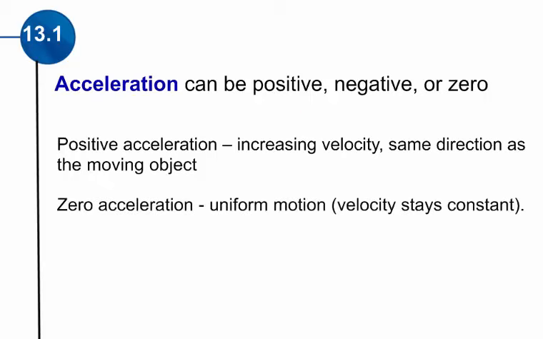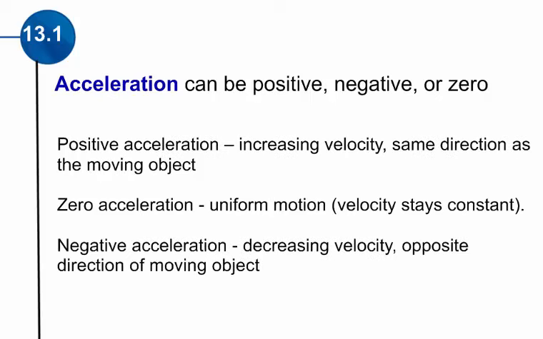If we have an object that's moving with uniform motion and there's no acceleration, no push on it, then the velocity will be constant. But if we have a negative acceleration, velocity going in this direction, acceleration going the other direction, then the object is slowing down. It is going opposite the direction of the movement.